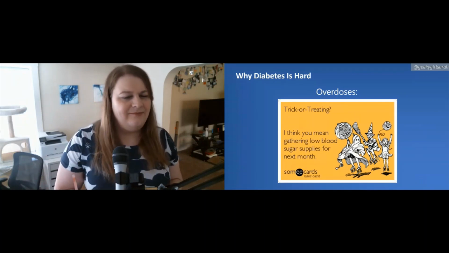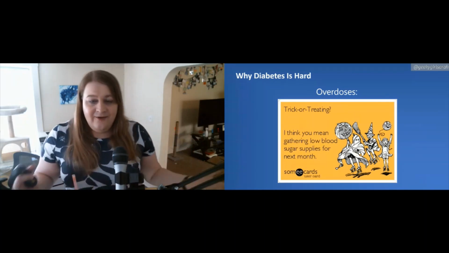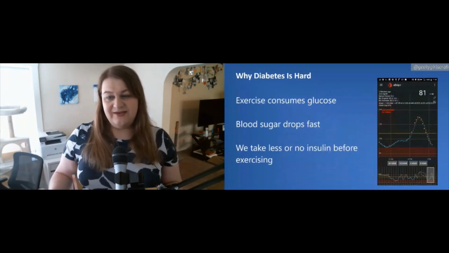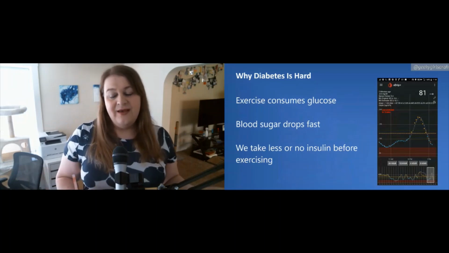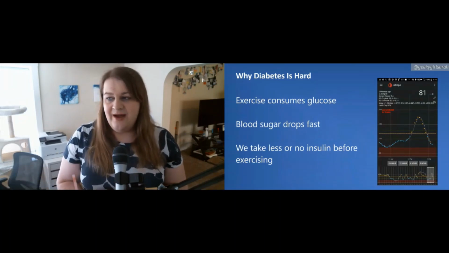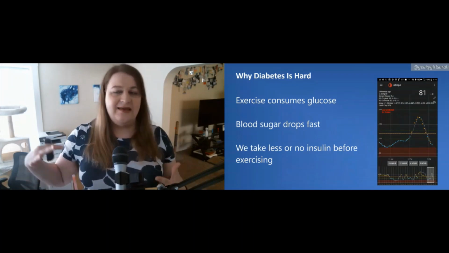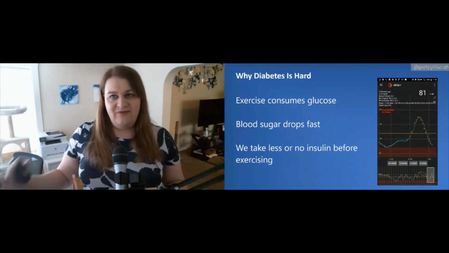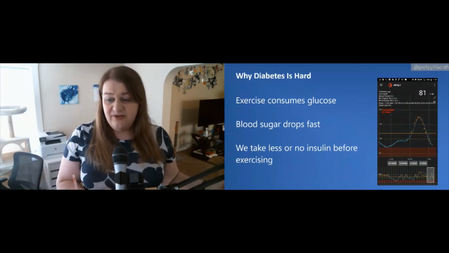Yeah. All right. We talked about exercise. Exercise can throw off things too. Your exercise consumes glucose and can cause your blood sugar to drop pretty fast. My doctor always said take about half the insulin I would in the meal beforehand. So if I ate 50 grams, I would dose for 25.